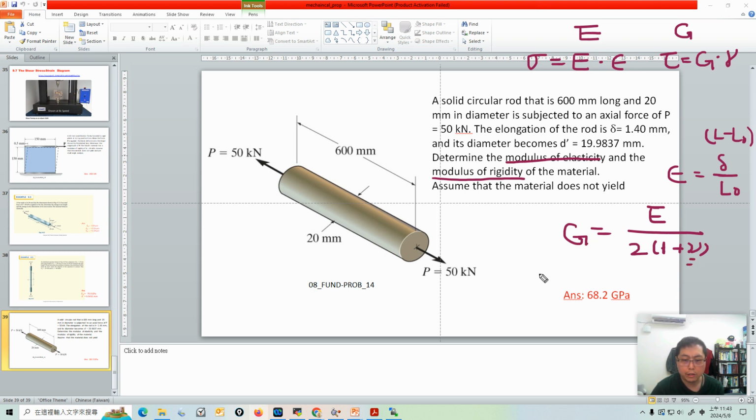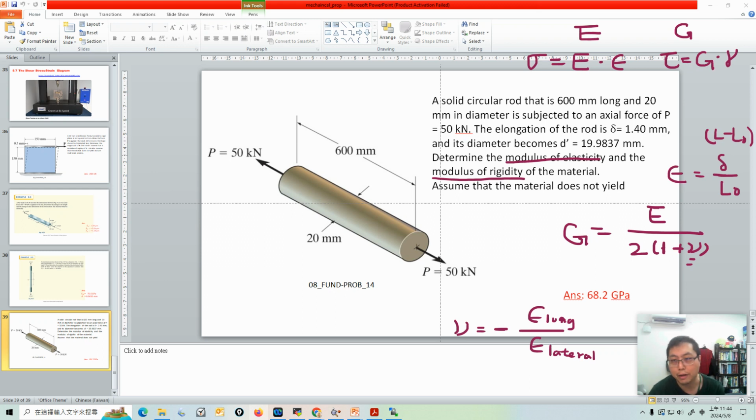And what is the Poisson ratio? Do you still remember it? The Poisson ratio, with a negative sign, is the strain in the longitudinal direction divided by the strain in the lateral direction, right?